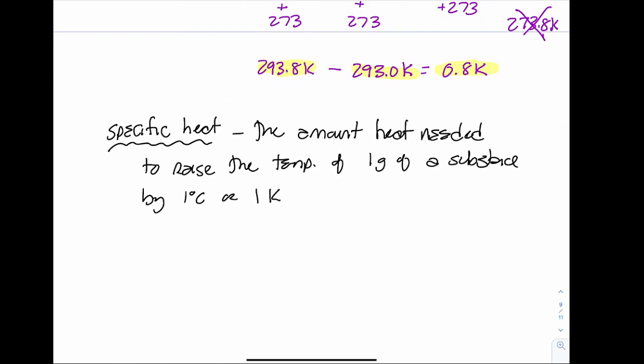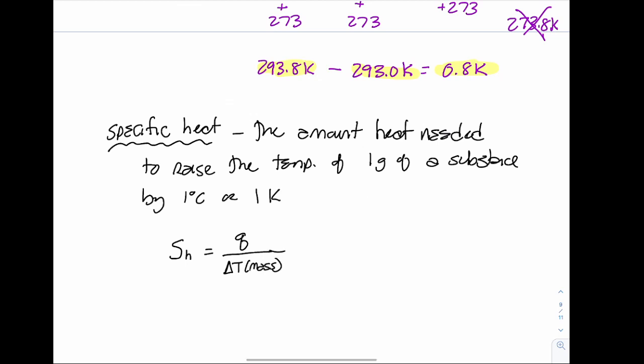So this time when I write my equation for my specific heat, and this is how the back of your periodic table is abbreviating it, using SH for specific heat, it's going to be equal to Q, but this time I'm going to divide it by my temperature change and my mass, right?